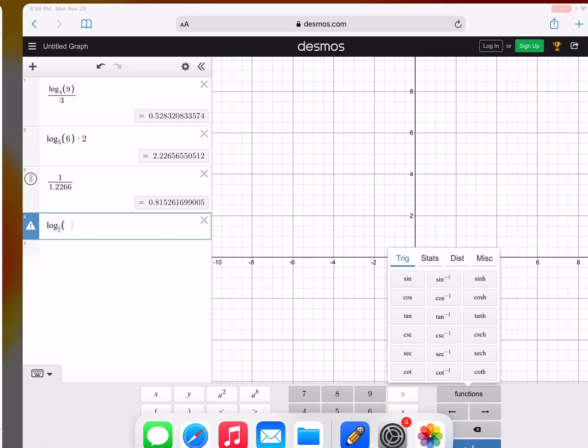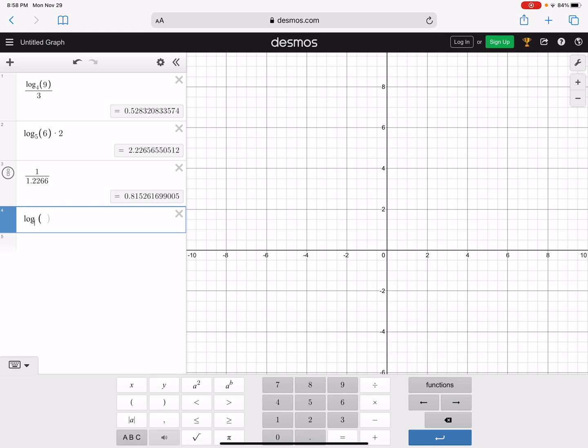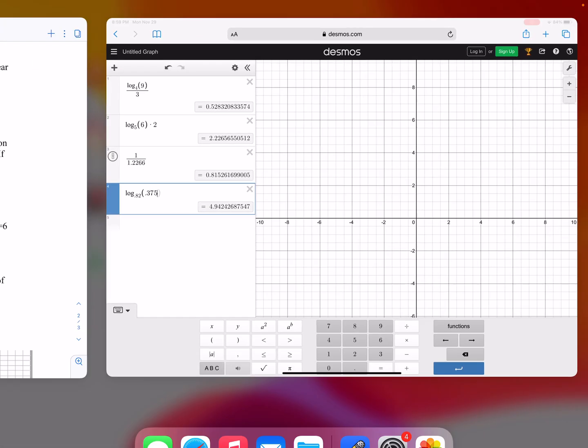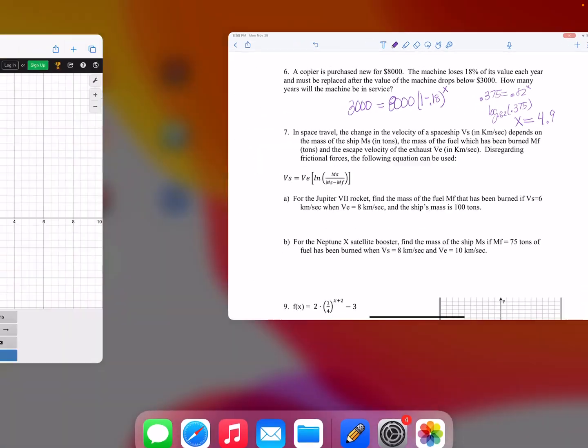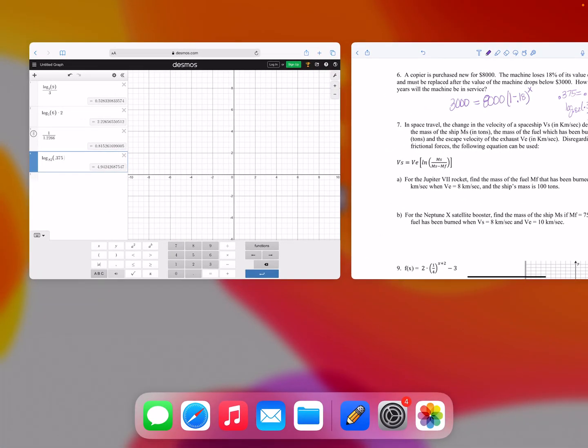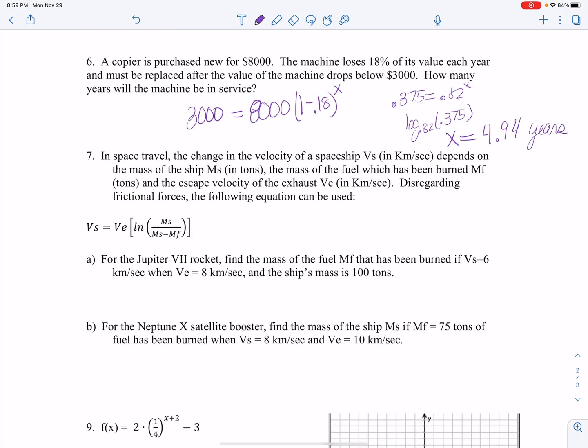The log base 0.82 of 0.375 was 4.94 years. And I said you could round years to one decimal place. So 4.94 years. Okay. So you're going to have to replace it after about 5 years.